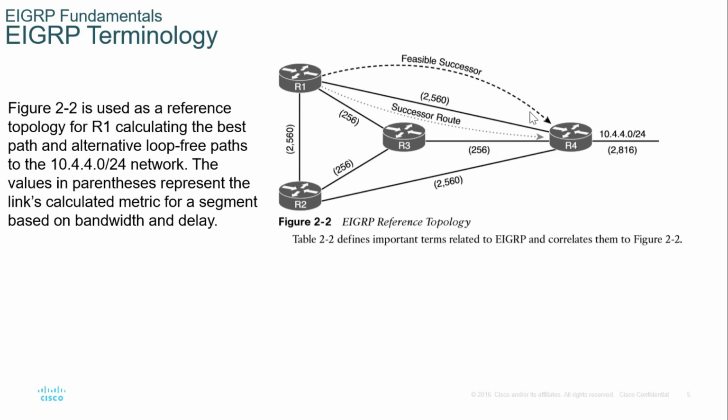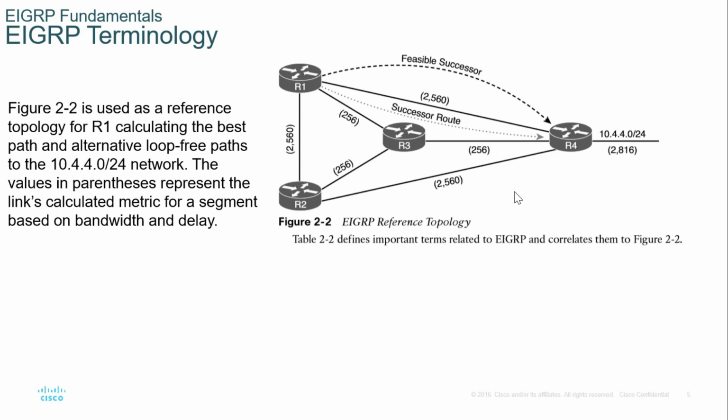So feasible successor ni akan menggambarkan the destination router lah, okay, untuk the successor route. Yang dalam parenthesis ataupun dalam kurungan adalah dia punya metric. Okay, so like I said, EIGRP dia menggunakan distance sebagai metrik, tapi dalam distance tu sebenarnya dia bukan hop count sahaja.